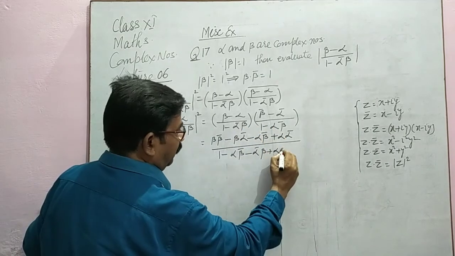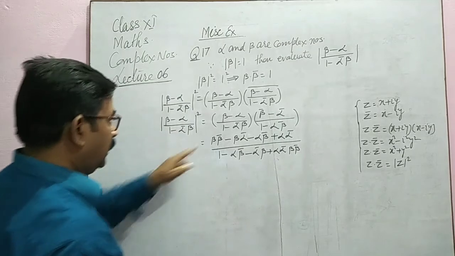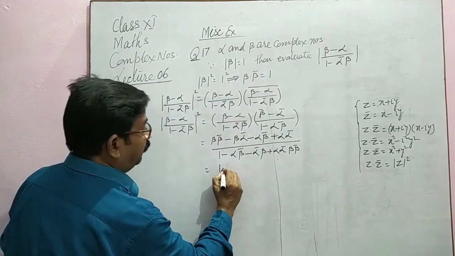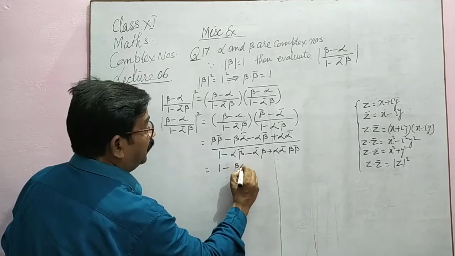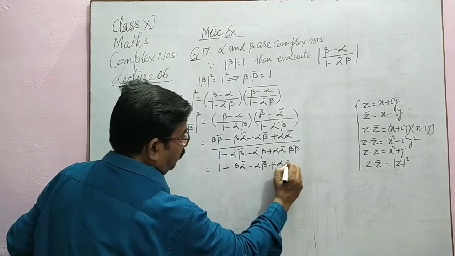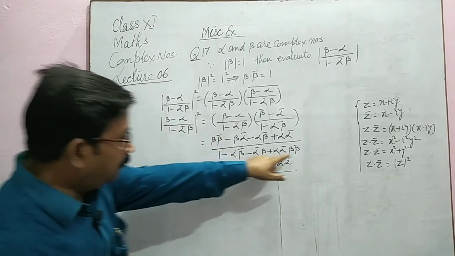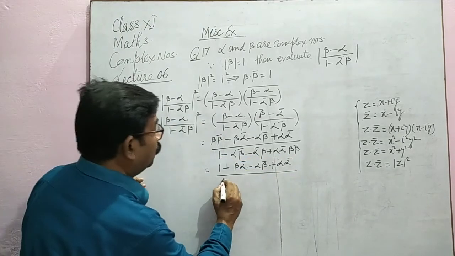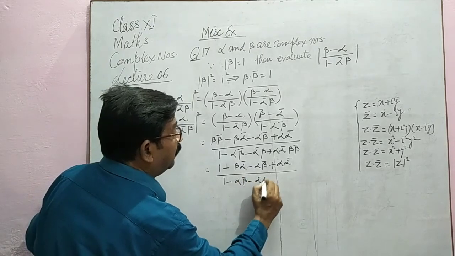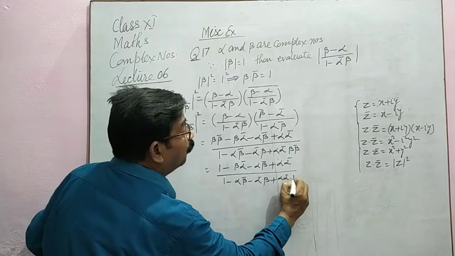So we have alpha alpha bar beta beta bar. See, beta beta bar is equal to 1. So we can write 1 minus beta alpha bar minus alpha beta bar plus alpha alpha bar upon 1 minus alpha beta bar minus alpha bar beta plus alpha alpha bar into 1.